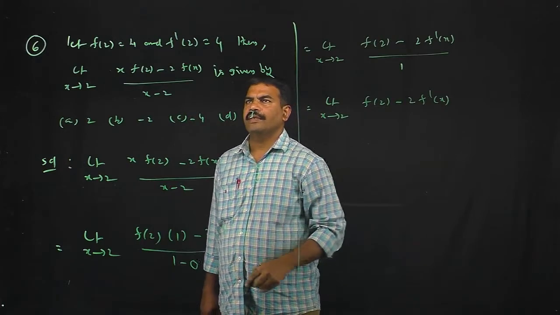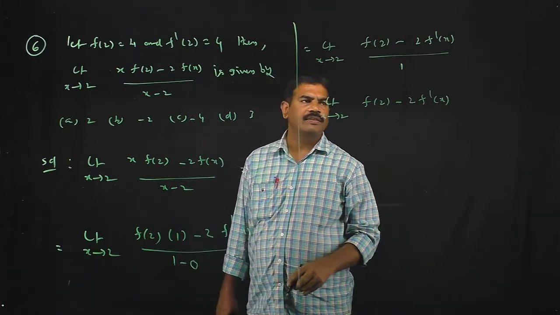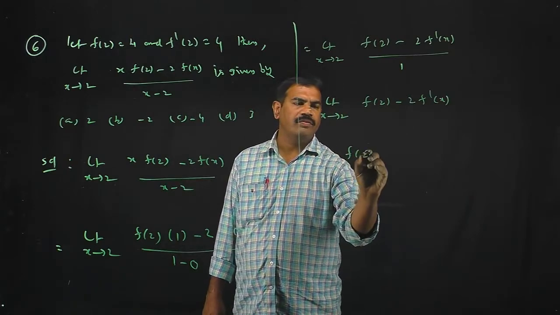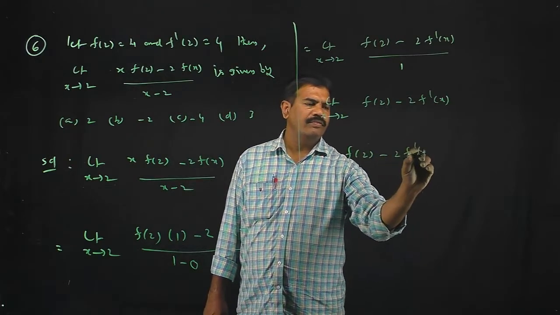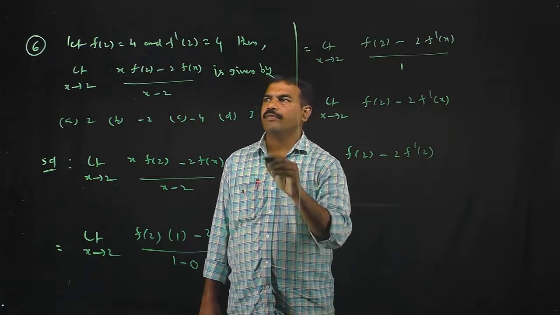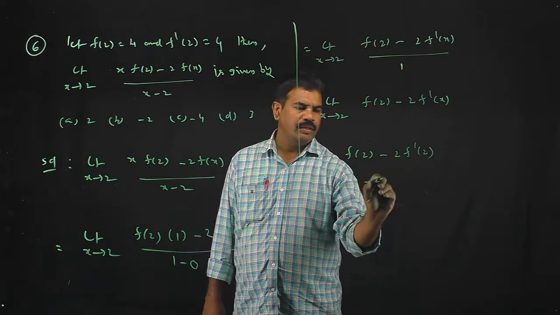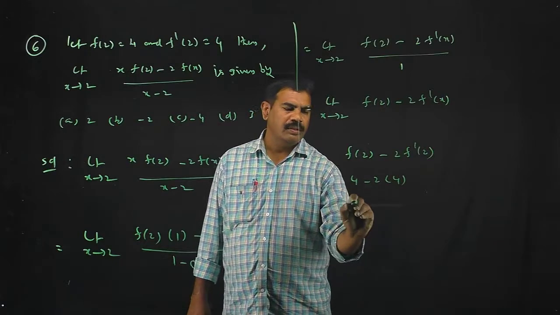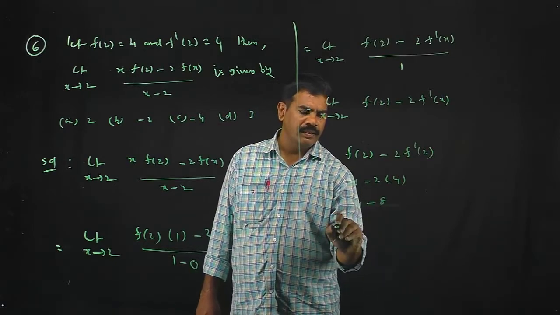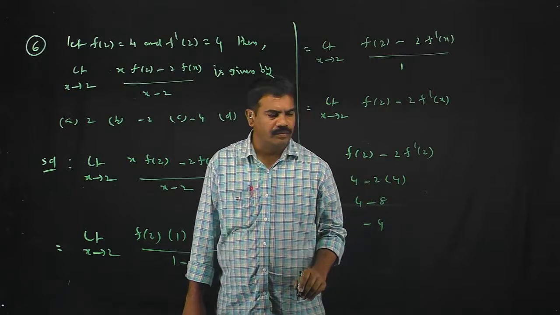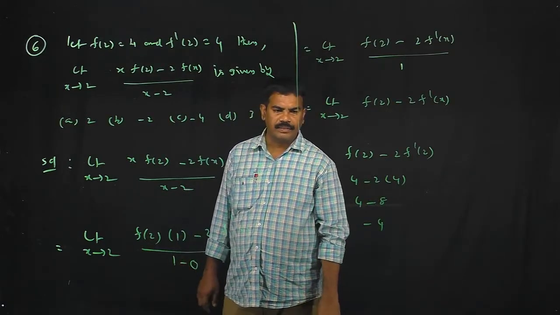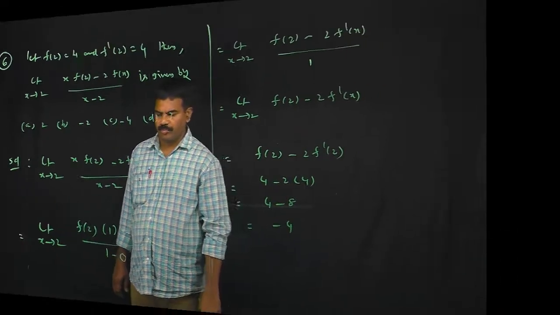Given already f of 2 is 4 and f dash 2 is 4. It is equal to f of 2 minus 2 into f dash 2. F of 2 is 4 minus 2 into f dash 2 also 4. It is equal to 4 minus 8. That is equal to minus 4. So the option is C. We get the answer, that is minus 4.